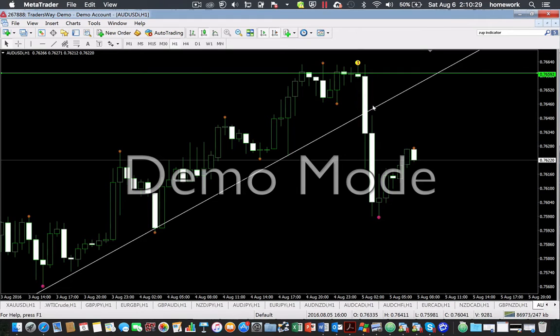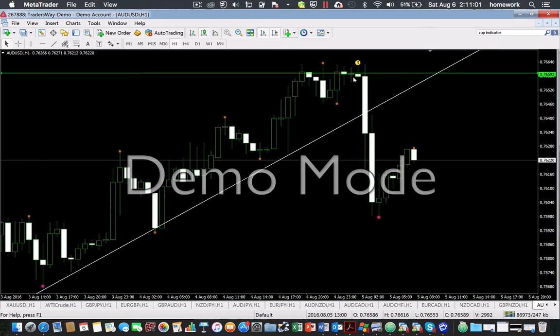It closes on this side of the line instead of up here, which is also a good confirmation that the chances of it continuing going down at least another solid hour is very high. The probability of selling over here will probably be about 80-85% because it closed outside of here, and because it swallowed the previous candle.